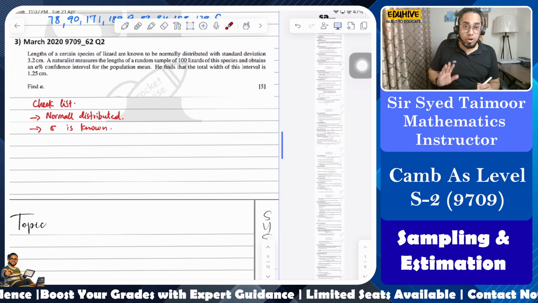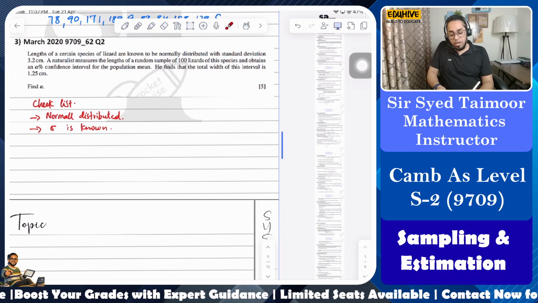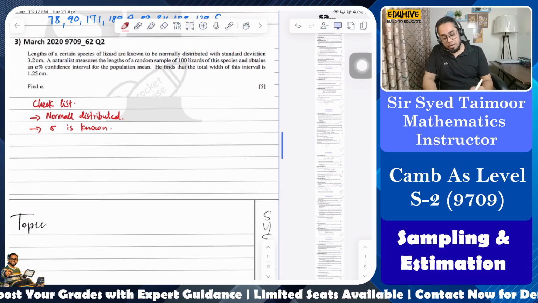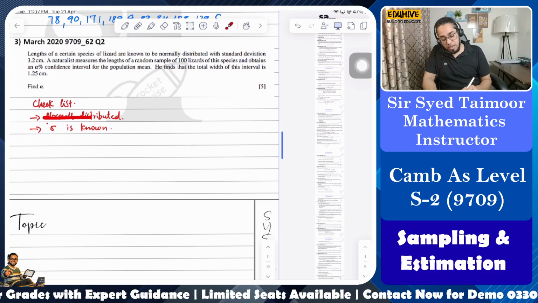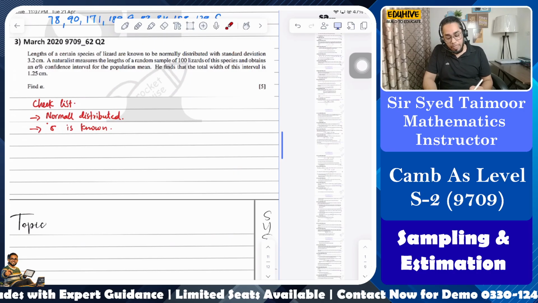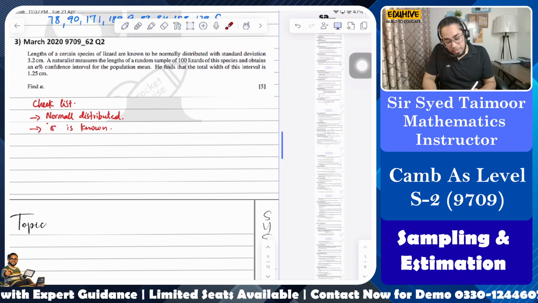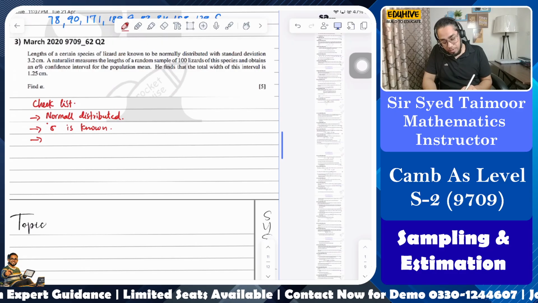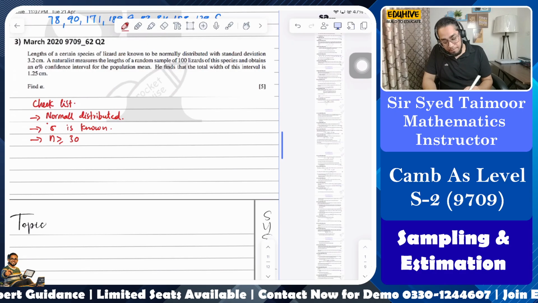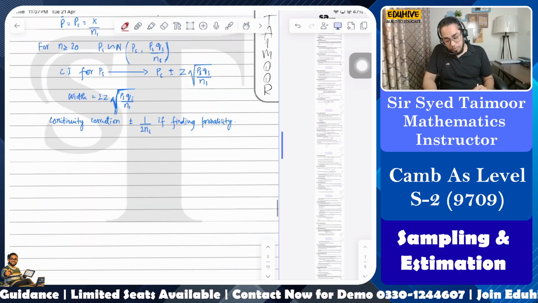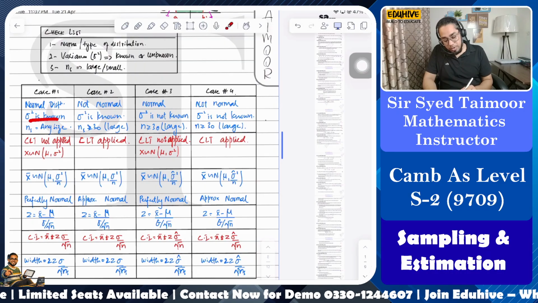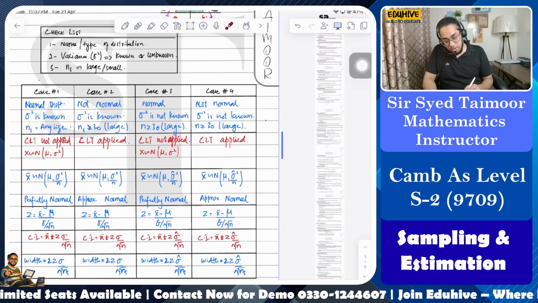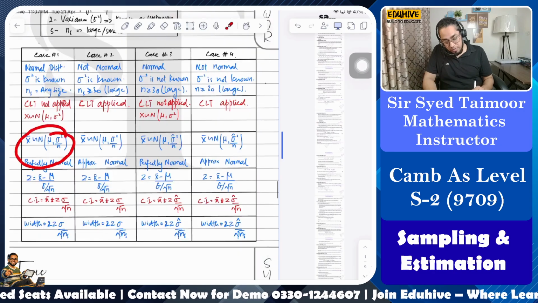Okay, so we do not know anything about alpha, but we know that the distribution is normally distributed, sigma is known, and the sample size is greater than 30. So according to the condition: normal distribution, sigma is known, and any size of sample. CLT is not applied. This way we are going to proceed.